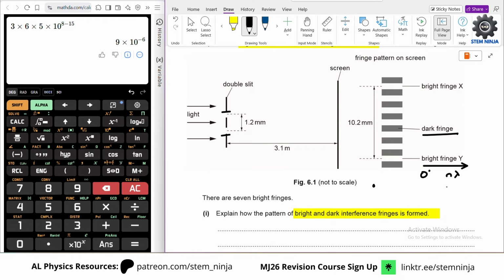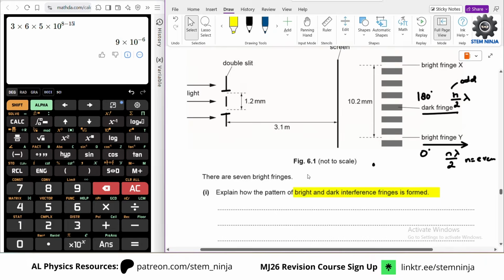Dark fringes happen when you have a phase difference of an odd multiple of 180 degrees, or the path difference is n times half lambda, where n is odd. So basically that's what we need to explain.